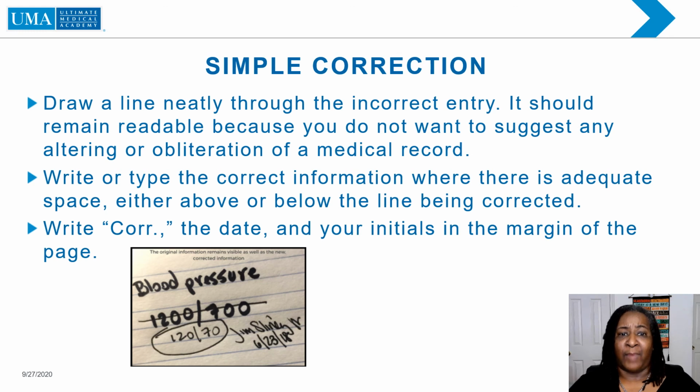You may either write or type the correct information where there's adequate space above or below the line being corrected, and write the word correct or CORR and the date and your initials in the margin of the page. In this example, you don't see the word correct, but you know from the single line, the change of the blood pressure, and the person's signature and date that it is a correction made to the record.